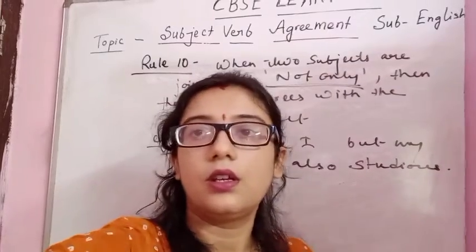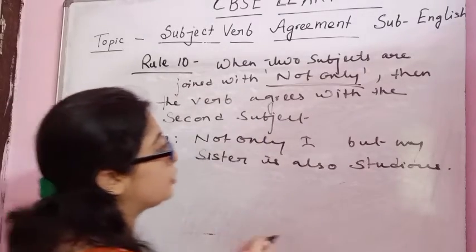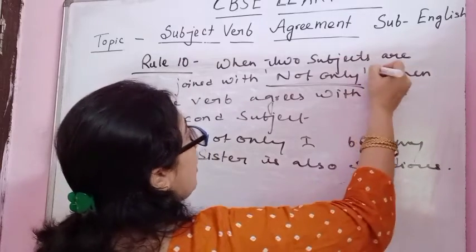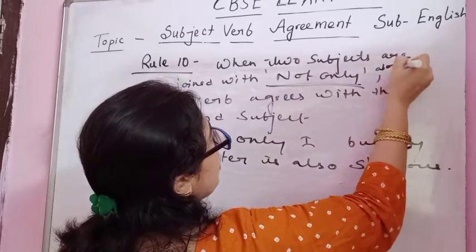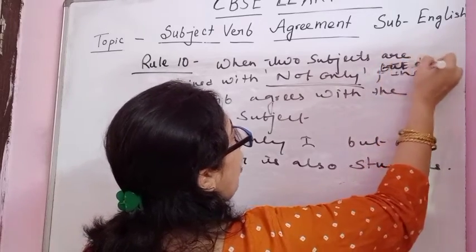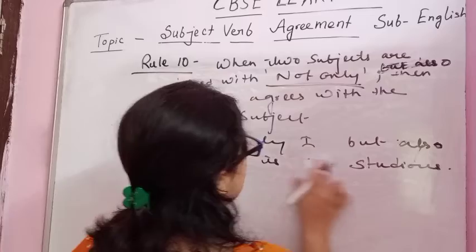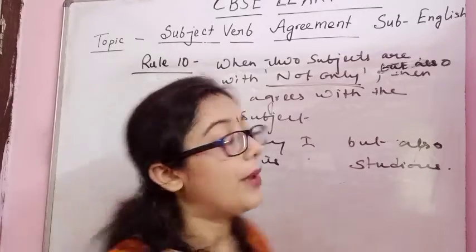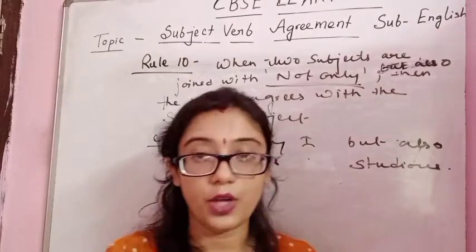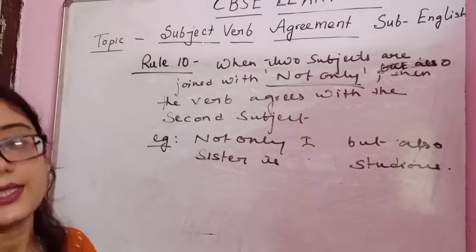So you see "not only I, but also my sister is studious." When we are using "not only... but also" to join two subjects, then the verb agrees with the second subject.